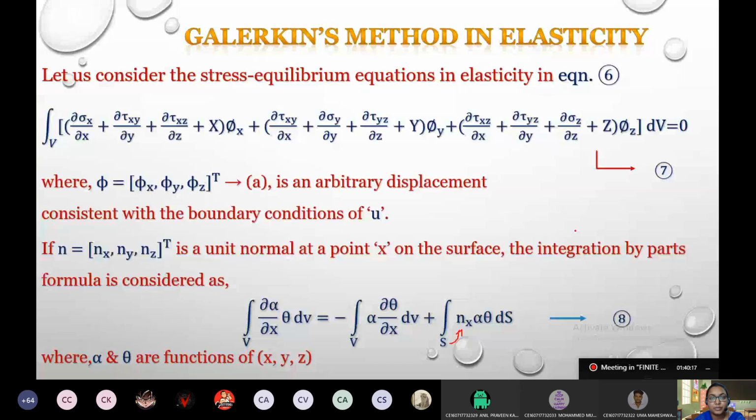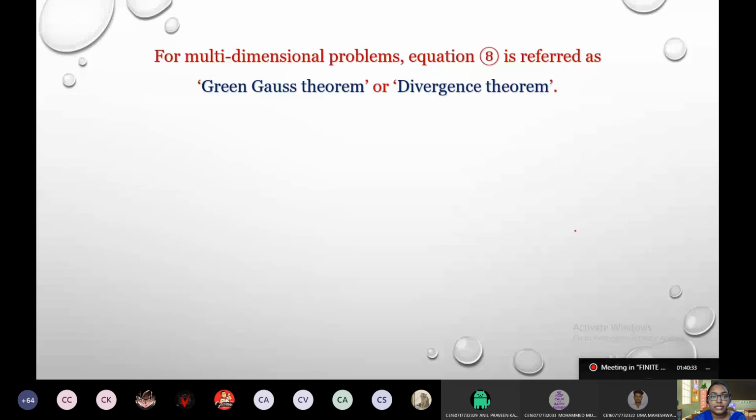Now in equation number 8, we have how the integration by parts formula is taken into account. It is not that we have taken some equation from the elasticity. This equation has a name. For multi-dimensional problems, equation number 8 is referred to as the Green-Gauss theorem or divergence theorem.